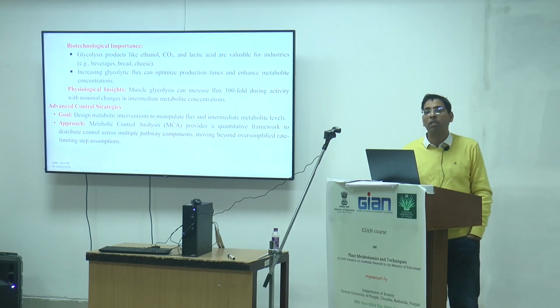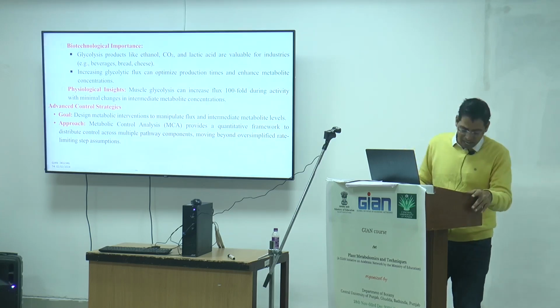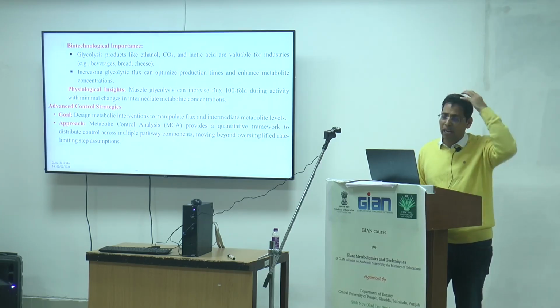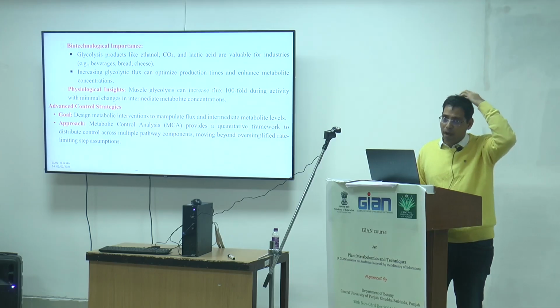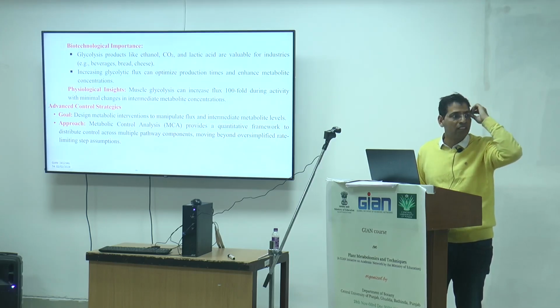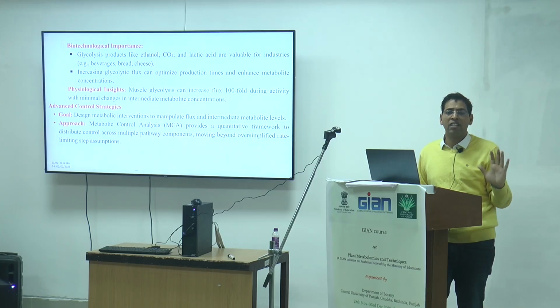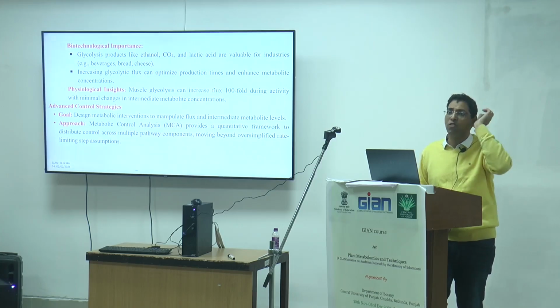the intermediate metabolic concentration. So yesterday I read an article. If you do 15 minutes of exercise, your brain map is changed. If you are relaxed, your brain map is different, and for someone doing exercise, their brain map is totally different. So try to understand, 15 minutes of exercise is enough to change the whole profile of your brain.